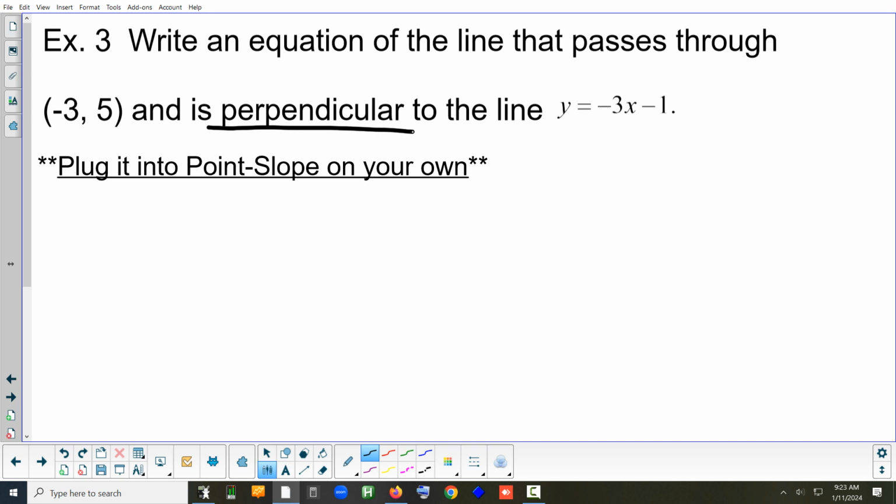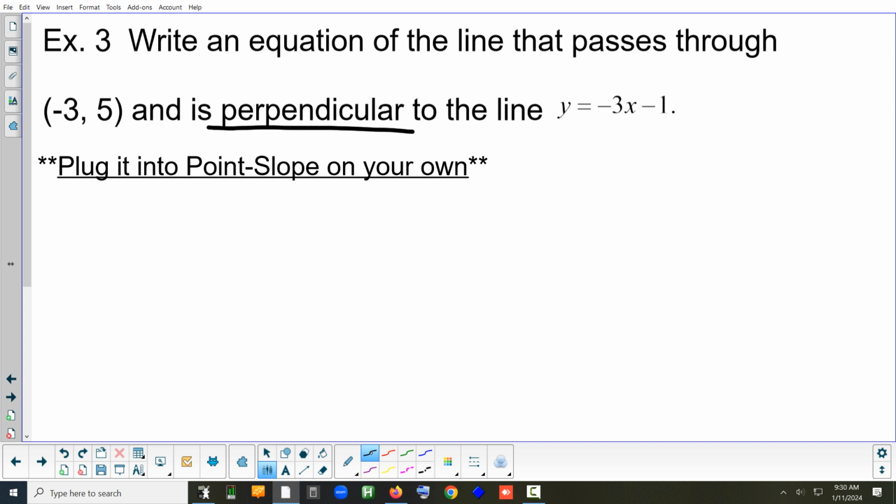Okay, this one I want perpendicular to y equals -3x minus 1. So I would write your formula and then write down a chart on the side for the three things that you need to figure out: x1, y1, and m. Okay, and we'll walk around and check in with you guys as you try to do that.